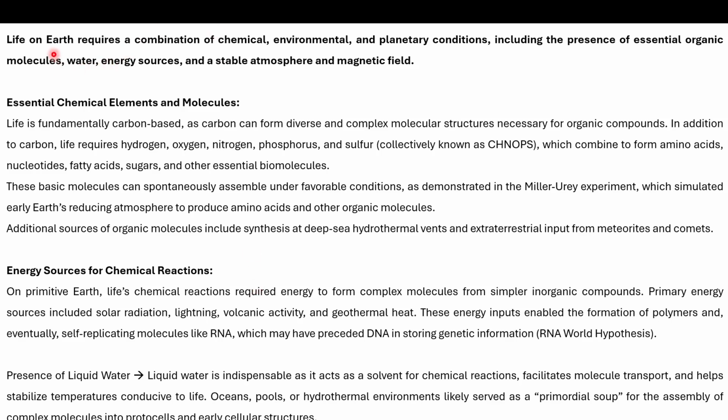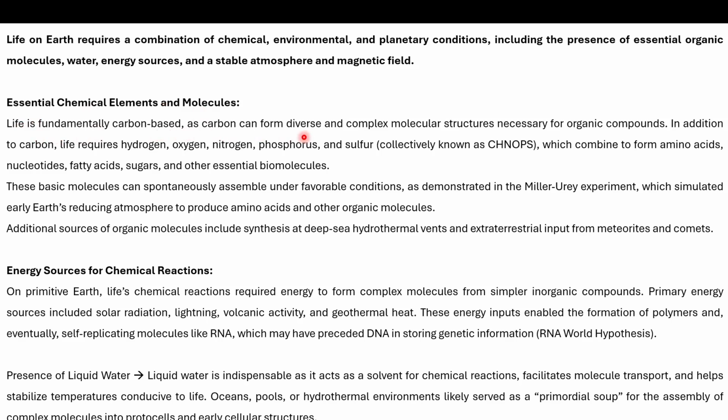So, if we talk about life on Earth, for life to thrive it requires a combination of chemical, environmental, and planetary conditions, which includes the presence of essential organic molecules, water, energy resources, and a stable atmosphere and magnetic field. If we talk about the essential chemical elements and molecules, life is fundamentally carbon based, right?